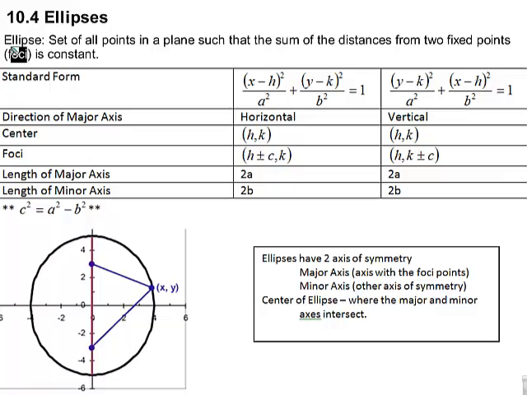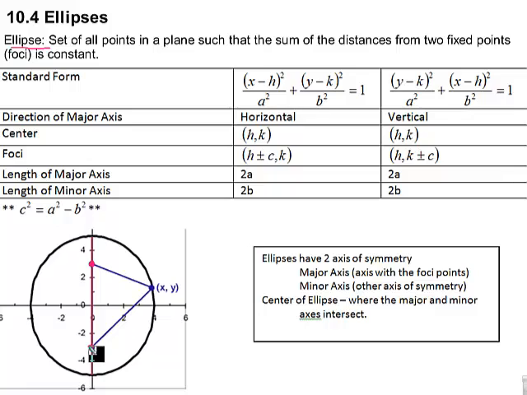So an ellipse. The definition of an ellipse is a set of all points in a plane such that the sum of the distances from two fixed points, the foci, is constant. So here's a diagram of an ellipse down here. This would be our two foci points right there. Foci is plural for focus.